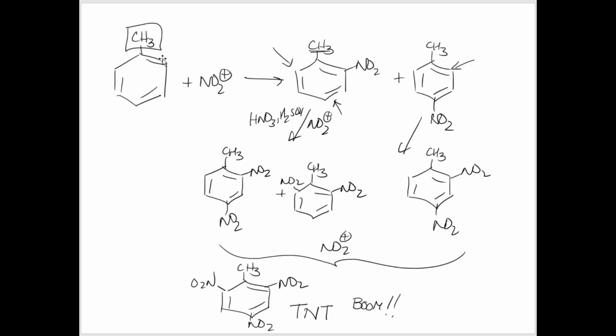Because what I didn't say was the methyl group is the director all the way around. So even with two nitro groups, it's directing the third one there, there, and there, which is why we get the same product. Okay, so in the next lecture video, we will talk more about the electrophilic aromatic substitutions.